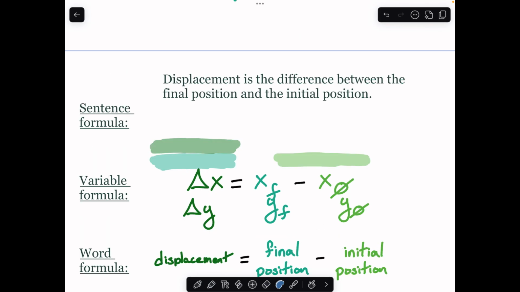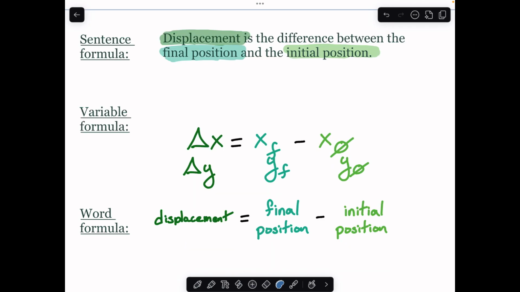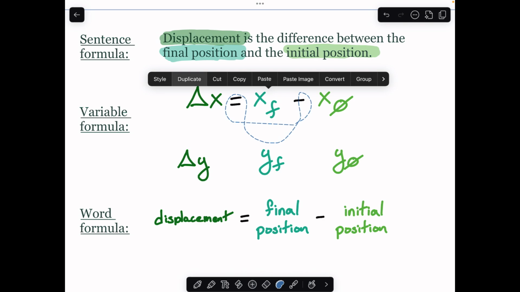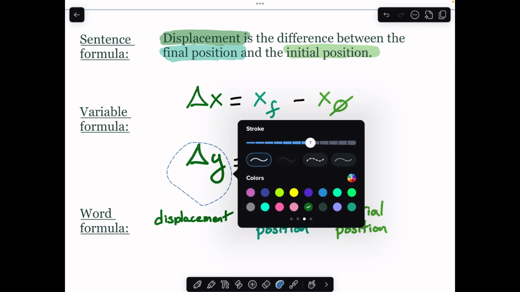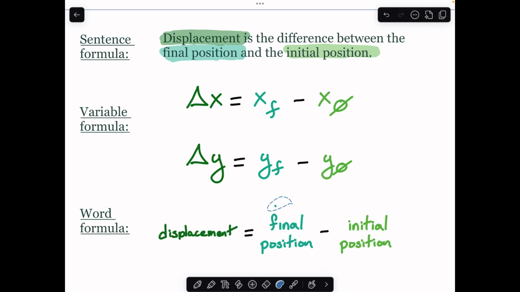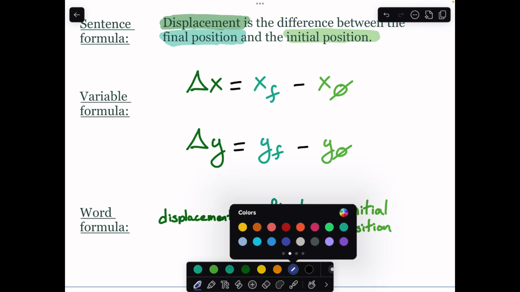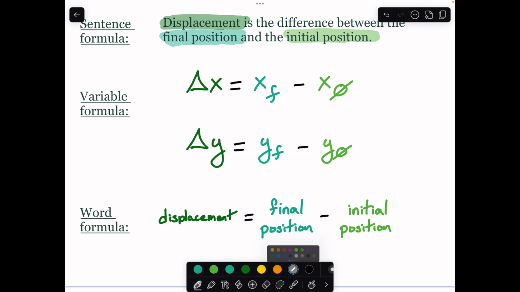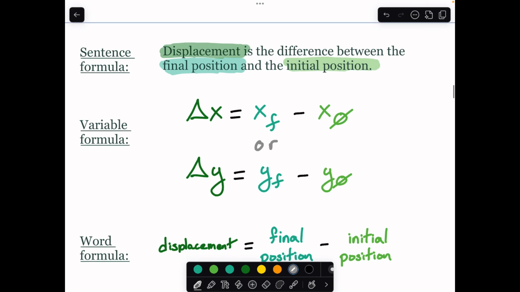Let's make a little more space up here. Forgot the i. And then we can use one of these formulas or the other, depending if our problem is happening in the horizontal or vertical direction.